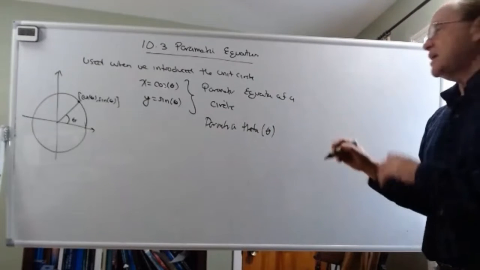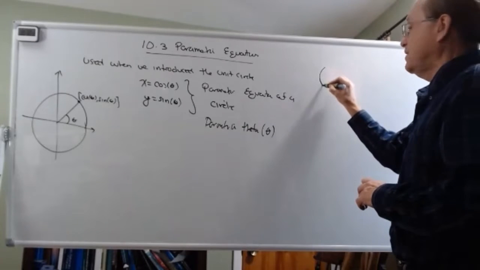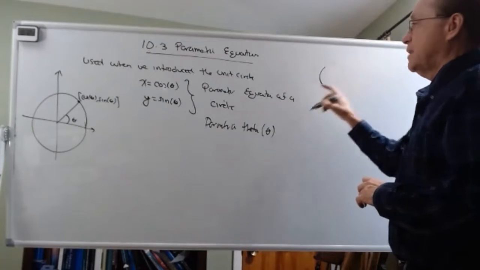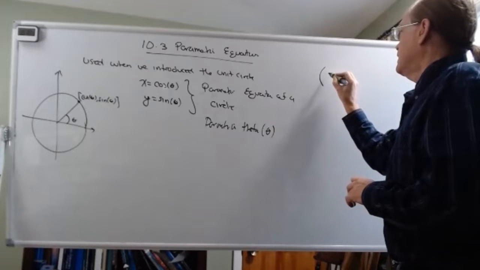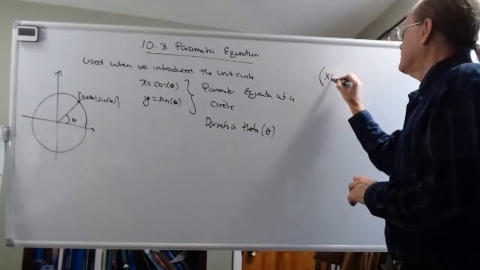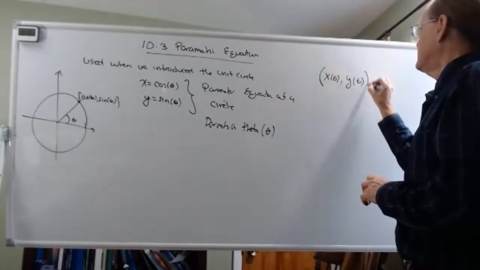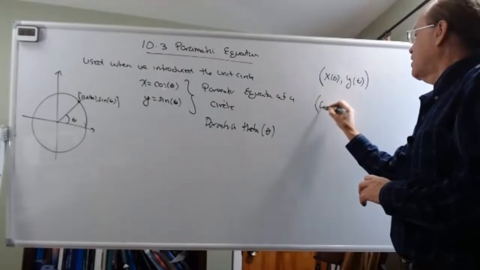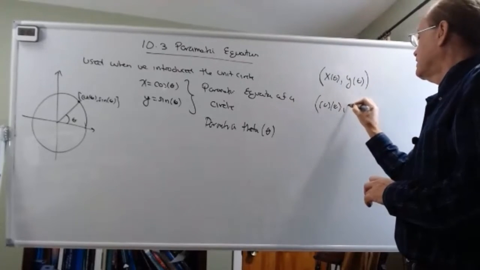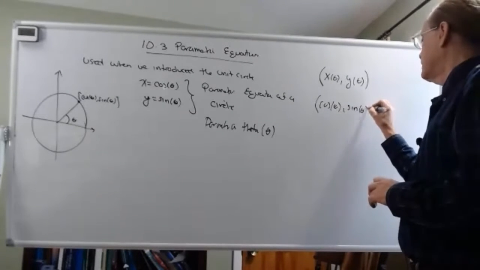And if I want to define it, I can define it as a series of points. So my series of points are x as a function of theta, y as a function of theta, or cosine of theta for x and sine of theta for y.